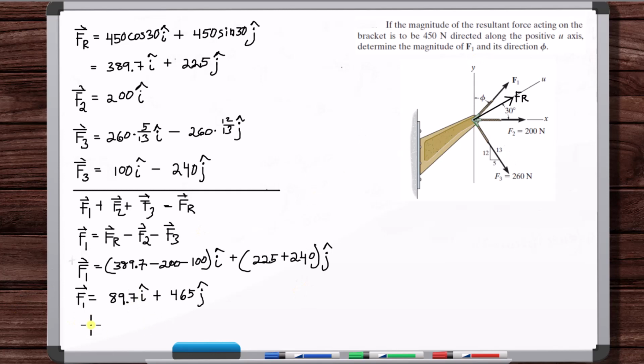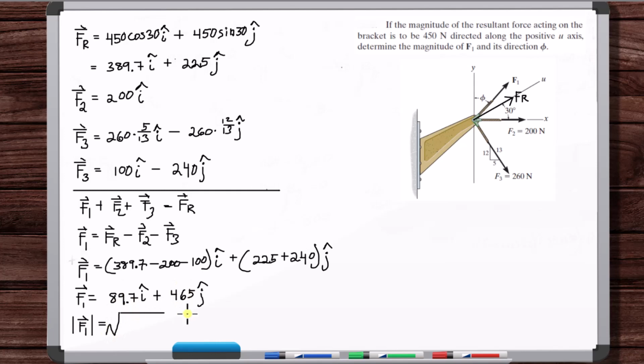So, the magnitude of F1, and you really want to write, I really messed that up in this video, not putting these arrows. You really want to specify what's a vector and what's not a vector. Okay, so let's get the square root of this squared plus this squared.